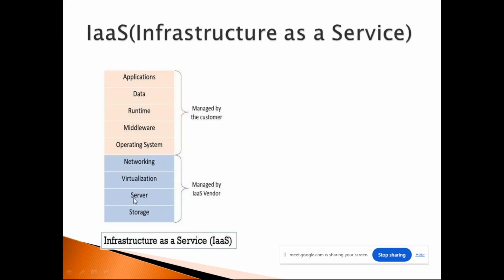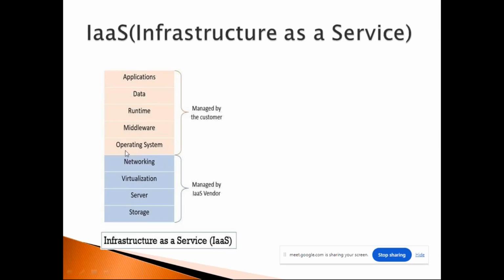You want to store the data? I need a storage. You want to configure network? I need switches and routers. And the virtualization. So everything is managed by the service provider. You just ask the AWS cloud, I'm going for infrastructure as a service. They're going to provide all this stuff.